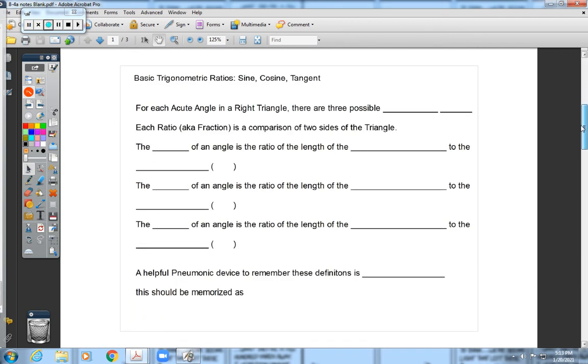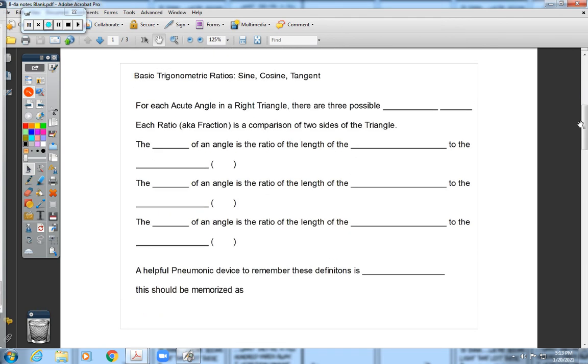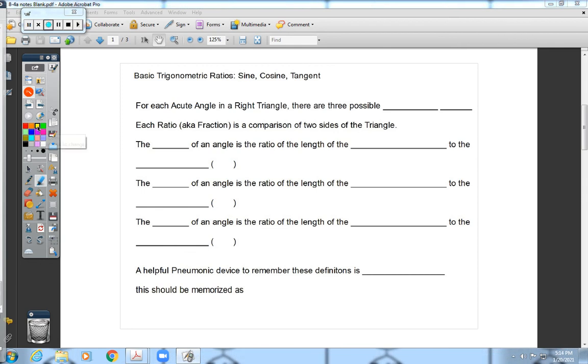So let's introduce the ideas of sine, cosine, and tangent. These are new vocabulary words to us at this point. The idea is that for each acute angle in the right triangle, there are three possible trigonometric ratios. Those three ratios are the three new vocabulary words: sine, cosine, and tangent.